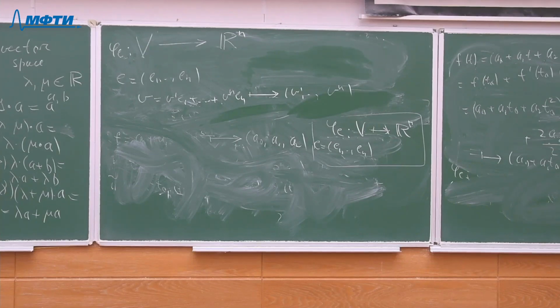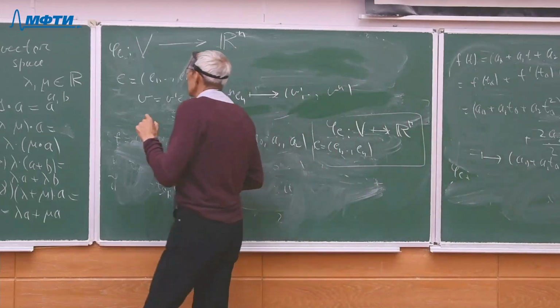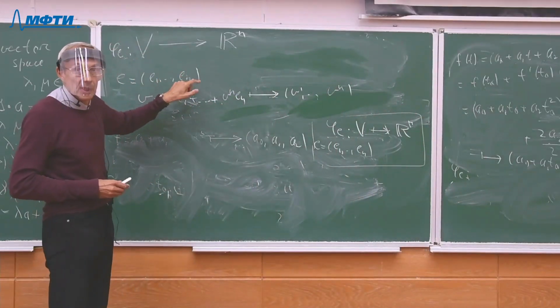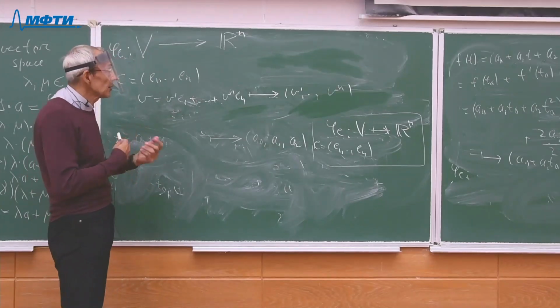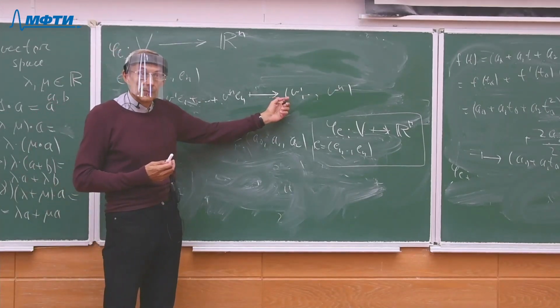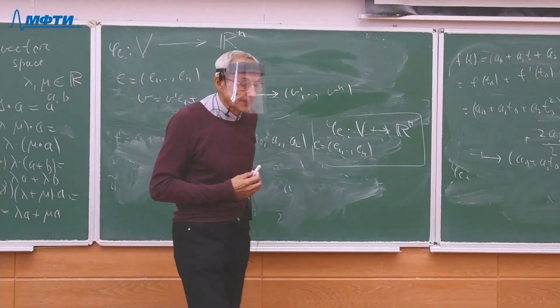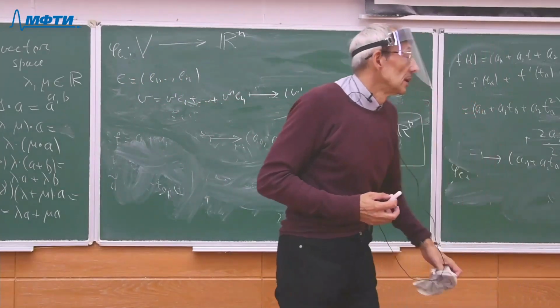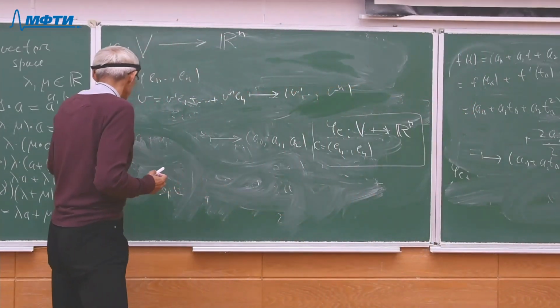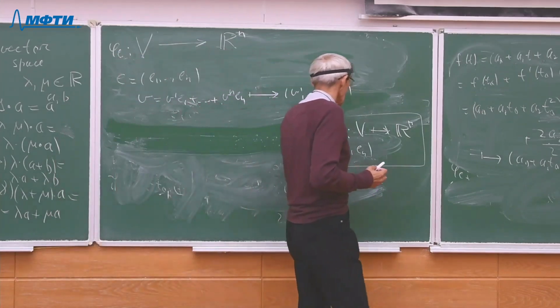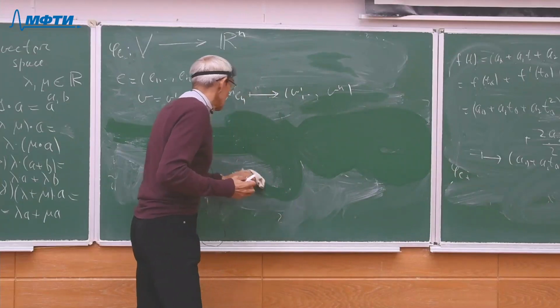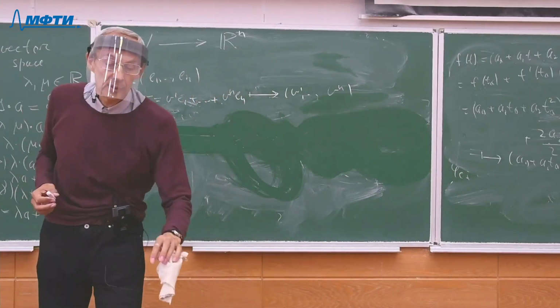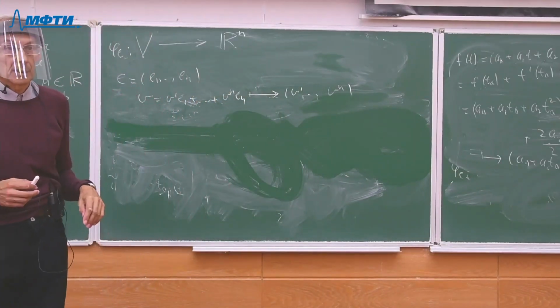But if I fix one of these bases, I fix this correspondence. If I choose the basis, I choose these coordinates. How to describe how the coordinates of the vector change if we change the basis?